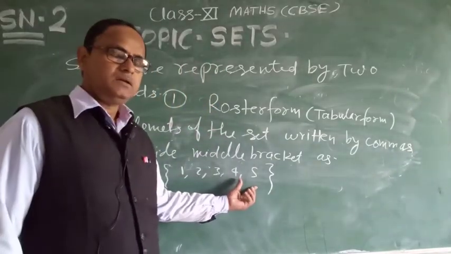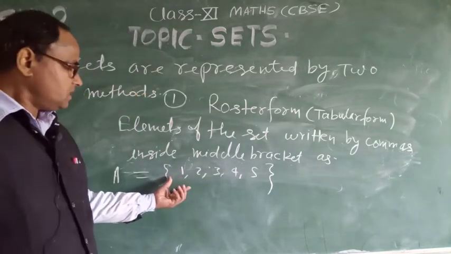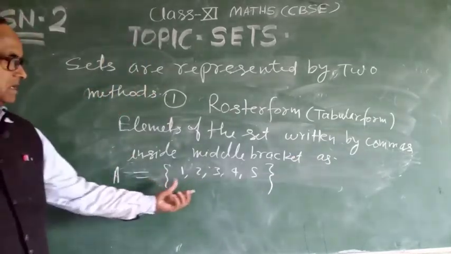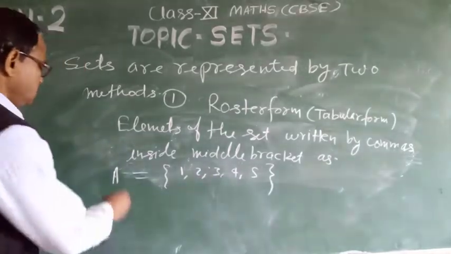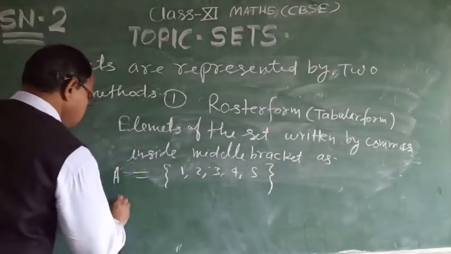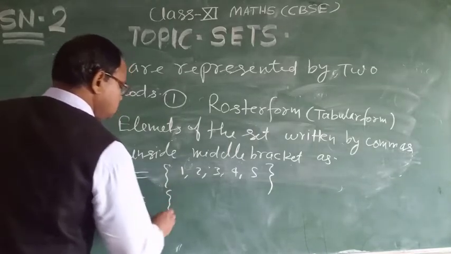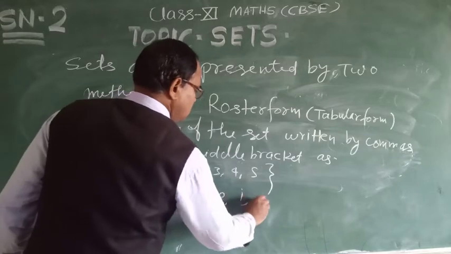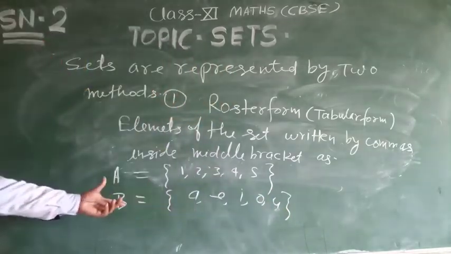Write them separated by commas inside the middle bracket or curly bracket. Here B as A, E, I, O, U is also written in this form. Okay.